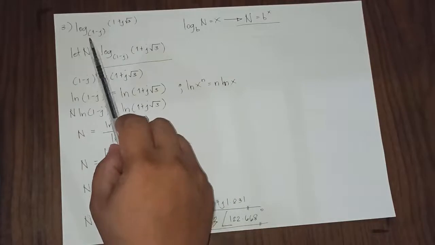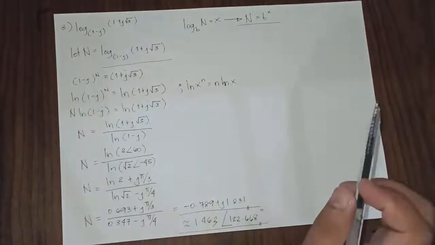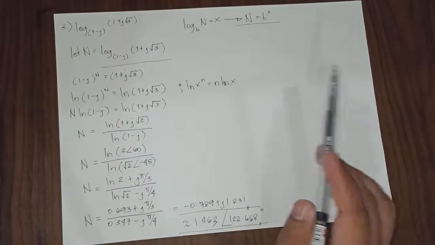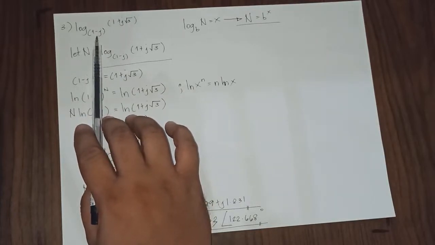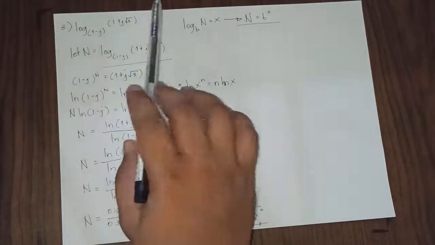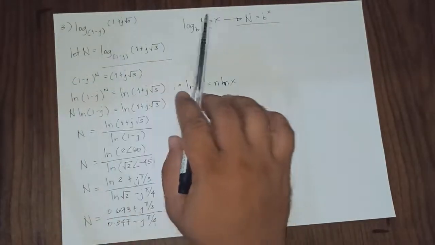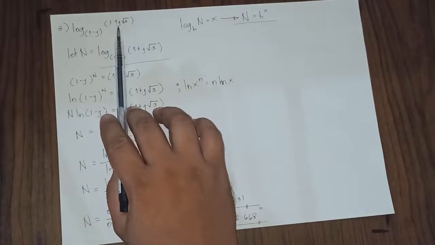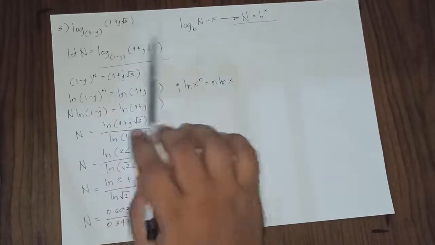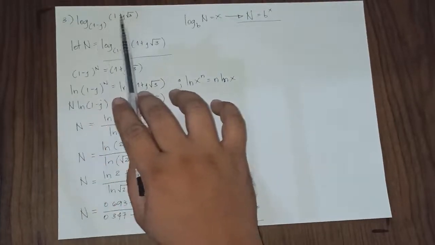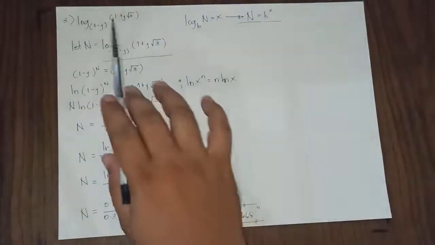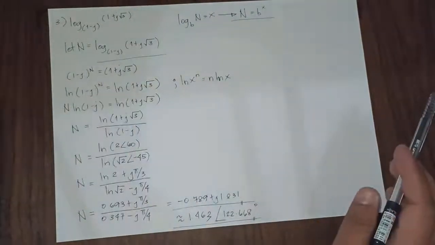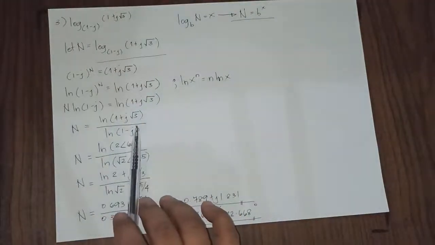So, pag nakakita kayo ng ganitong format, no? A complex number, yun yung base niya. Then, we have this n is equal to ln 1 plus j square root of 3 over ln 1 minus j, actually, pwede nyo na siyang i-direct sa ganito, no?